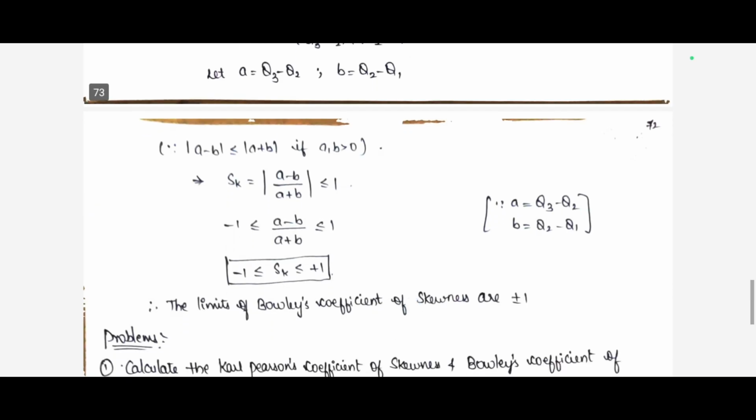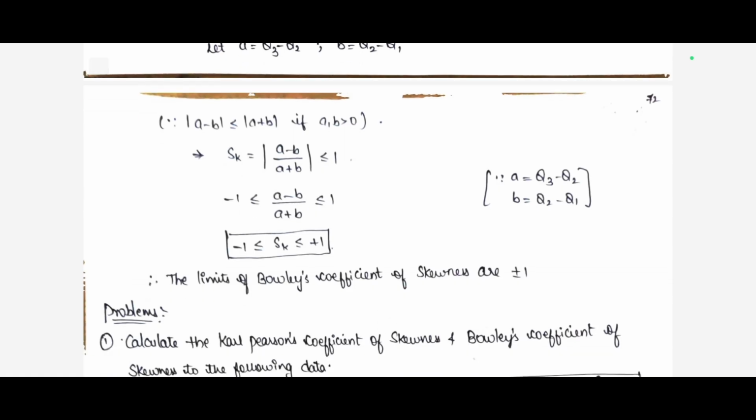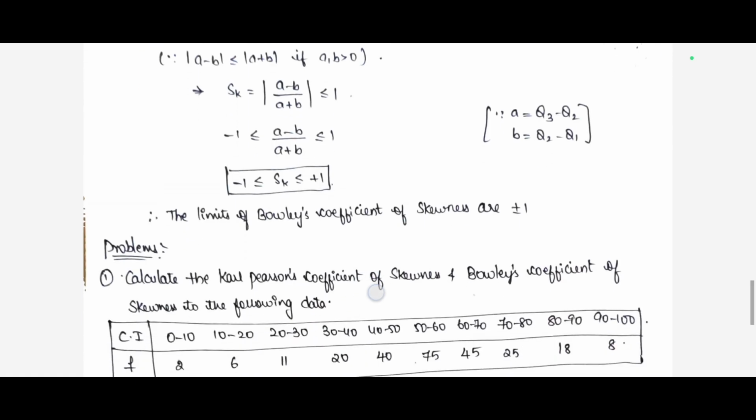So the limits of the Pauli coefficient of skewness always lie between plus or minus 1. Very simple and easy.